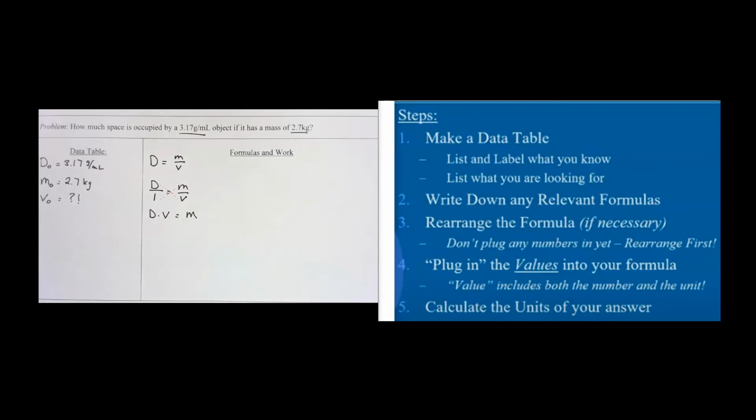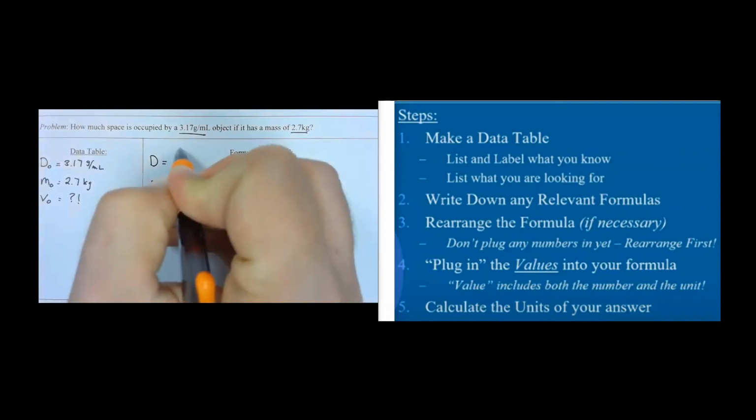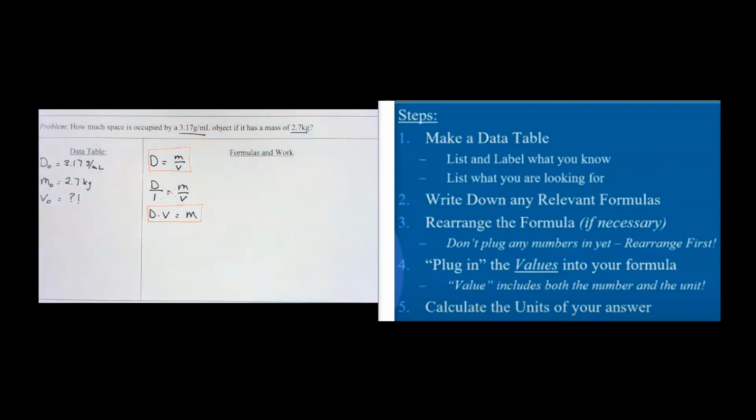So the density formula is density equals mass over volume. That's obviously solving for D. You could have density times volume equals mass. And you still have another version of this. I want to solve for volume. So how do I do that? I have D times V equals M. I could divide both sides by density.